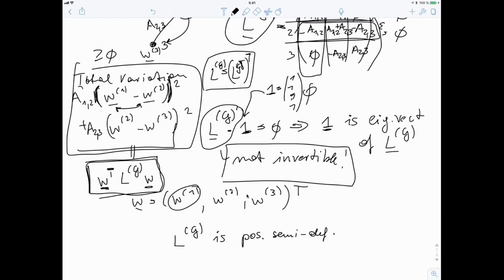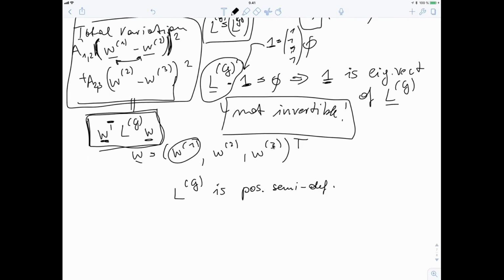Okay, and what does this mean? So what is the coolest result of linear algebra, that I praised so much? Eigendecomposition or spectral theorem.